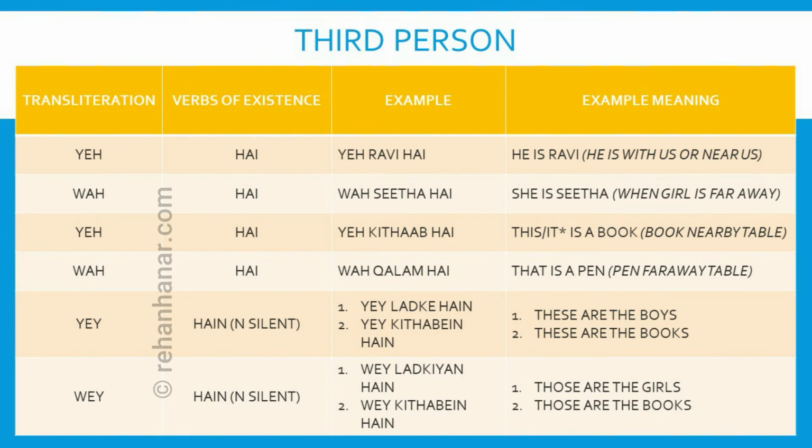And in plural, ये लड़के हैं, these are the boys. Plural. Plural for the things. यह किताबें हैं.